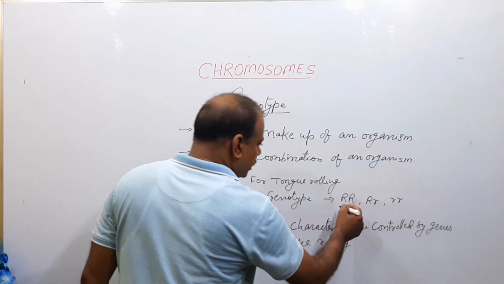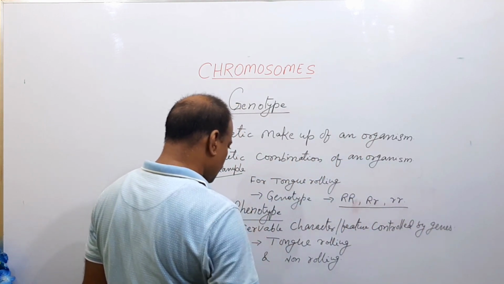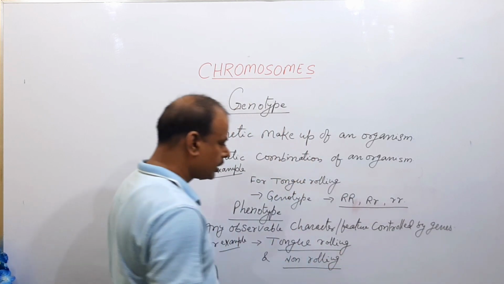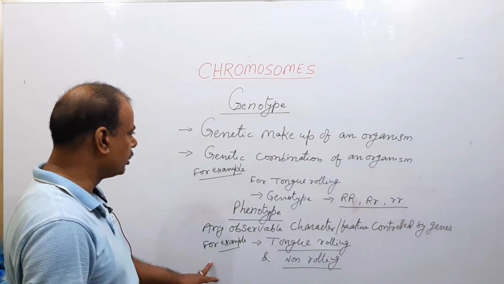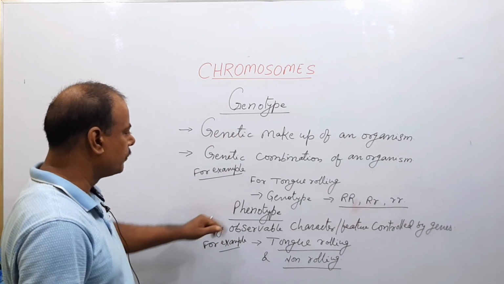So here these are the three genotypes for tongue rolling, and here tongue rolling and non-rolling, these are the two phenotypes which are controlled by the genes, and therefore these are genotype and phenotype.